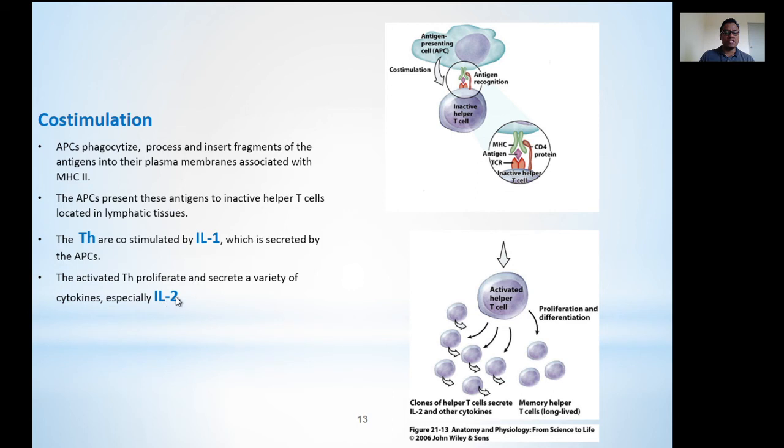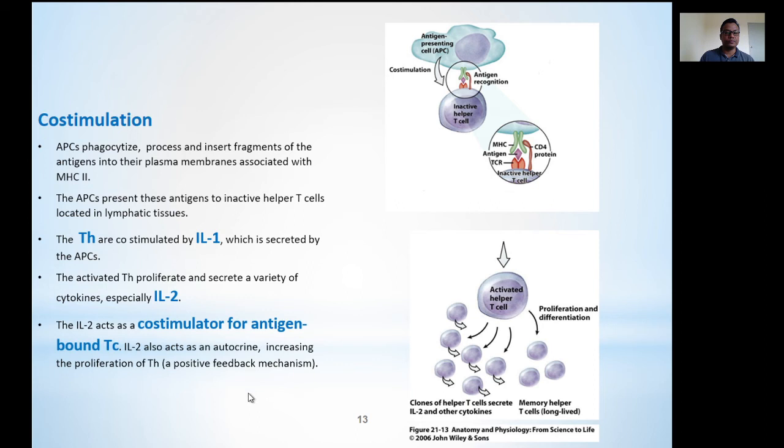The activated T helper then proliferates and secretes a variety of cytokines, including interleukin 2. So this activated cell will clone itself, and then the clone will produce interleukin 2. This interleukin 2 will stimulate the antigen-bound T cytotoxic.